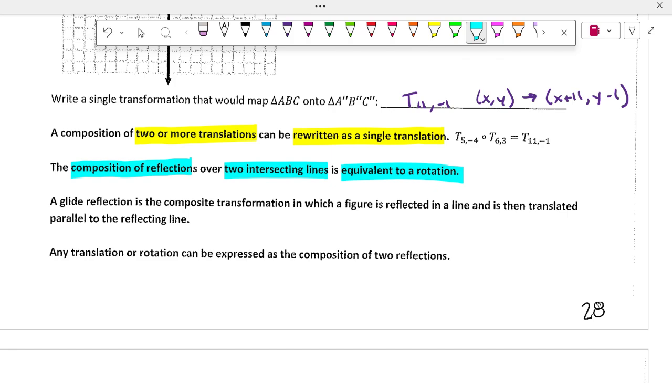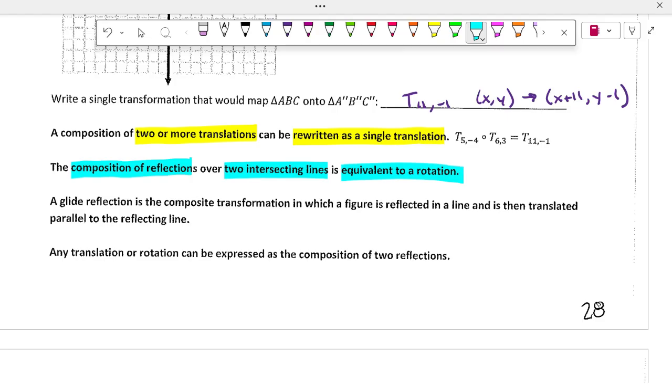What did you use 4 and 5 for? I just made up a starting point. I literally just made this up. Another thing to note is that the center of rotation will be the point at which the two lines intersect.